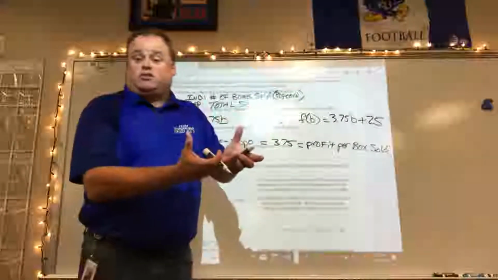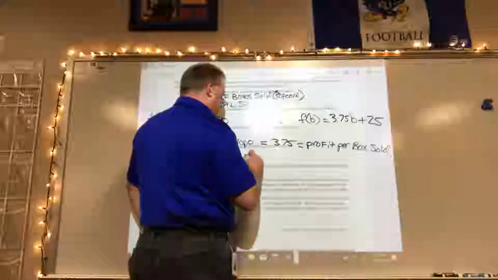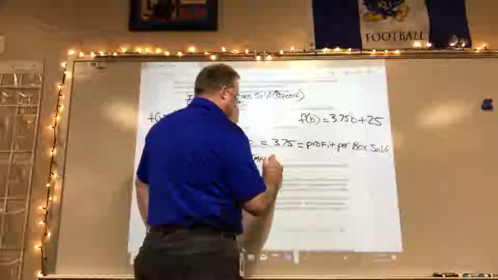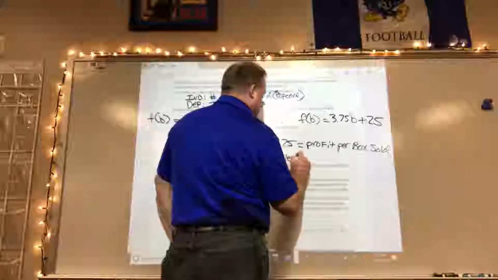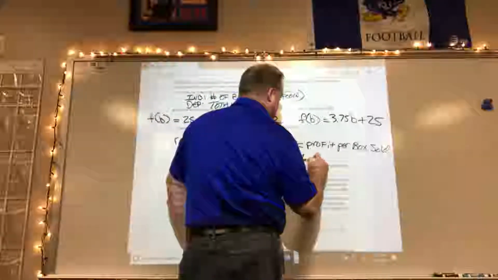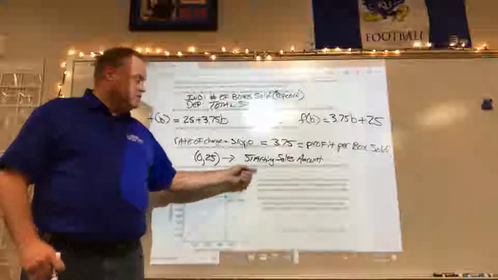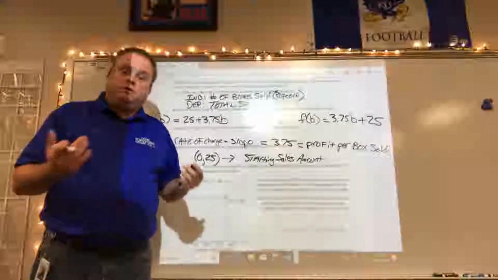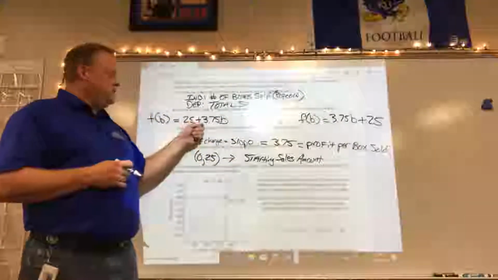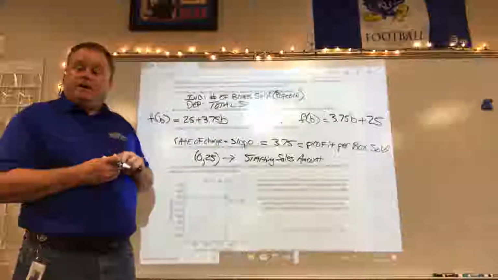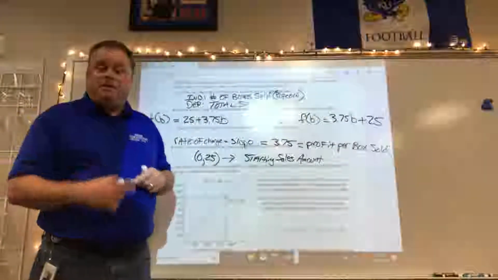They're giving us a credit of $25. So this is my starting sales amount, because I'm trying to find total sales. So this is my starting amount. All right. So remember this function right here, 3.75b plus 25.